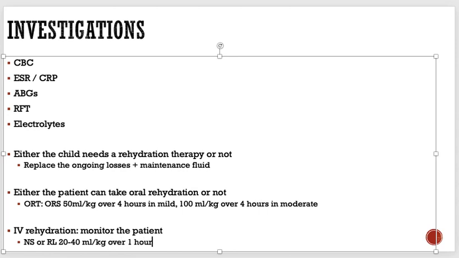A very easy formula, guys. For example, if the baby is 10 kilograms, you can give them 200 to 400 milliliter in 1 hour in severe dehydration. And once the baby can take oral feed or is feeling fine, of course, we can move them on to oral rehydration therapy. So this is important.